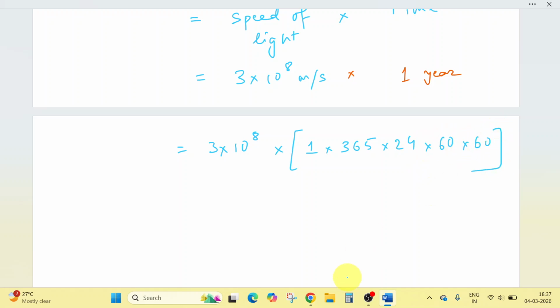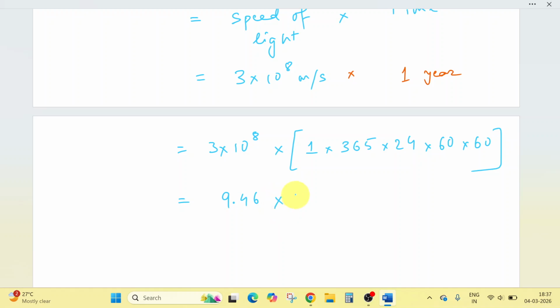That's big. Okay. See how big it is. Already there is 3 into 10 to the power 8, and along with that you are multiplying such huge numbers. So it will ultimately become 9.46 into 10 to the power 15 meter. You don't have to calculate.